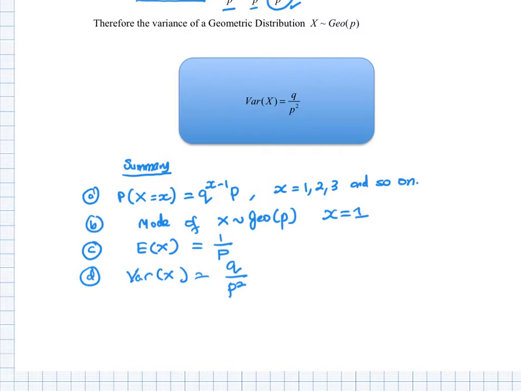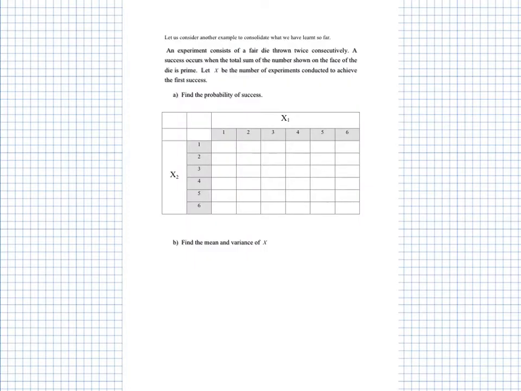Let's finish off this lesson with a simple example. An experiment consists of a fair die thrown twice consecutively. A success occurs when the total sum of the numbers shown on the face of the die is prime. Let X be the number of experiments conducted to achieve the first success. Find the probability of success. So we have to add the two dice.